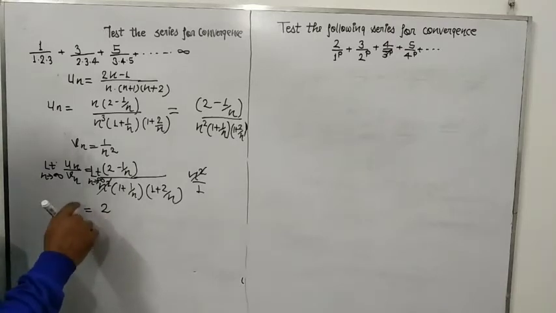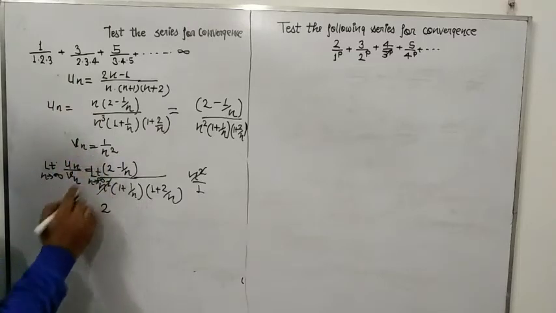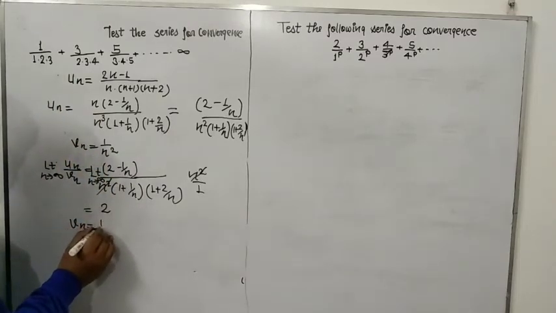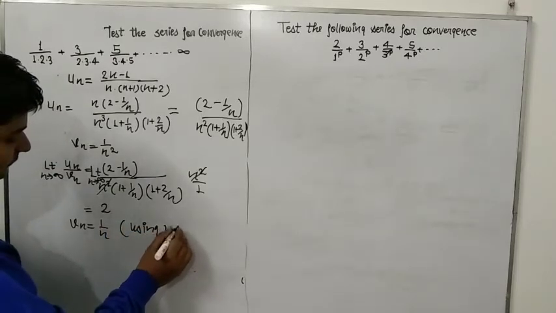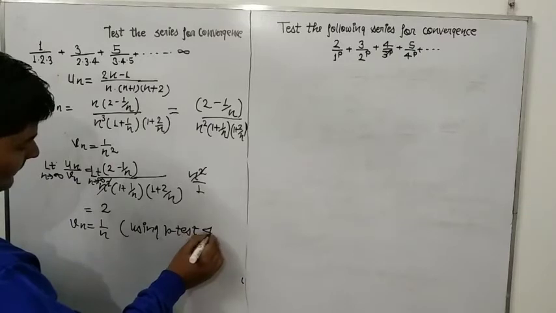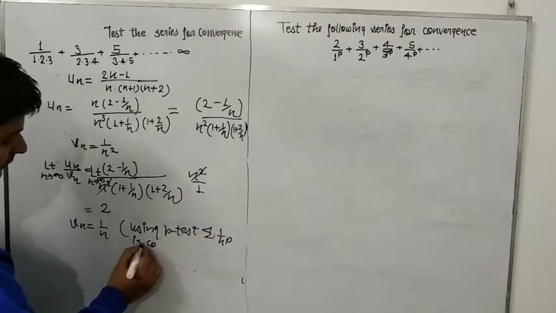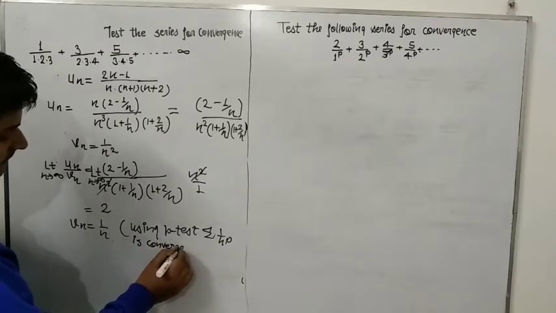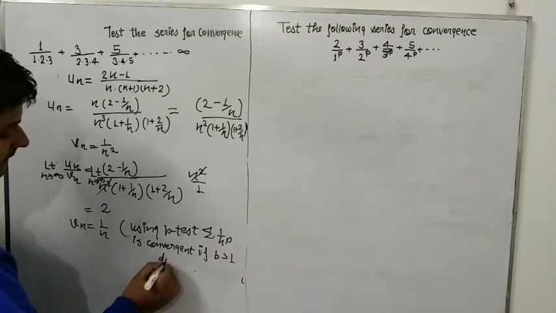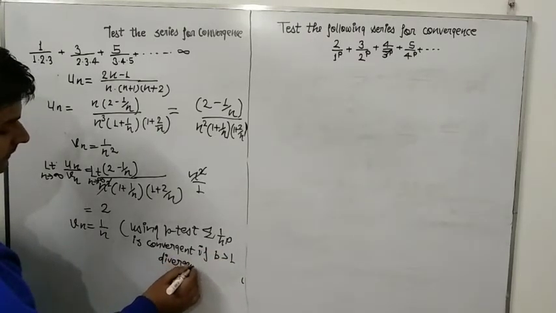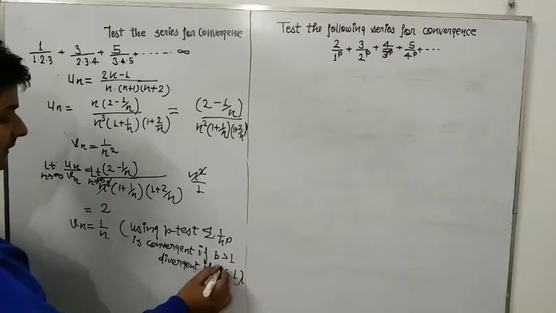So the convergence and divergence of un only depends on the nature of Vn. Since Vn is equal to 1 by n square, using the p-test, summation of 1 by n^p is convergent if p is greater than 1 and divergent if p is less than or equal to 1.